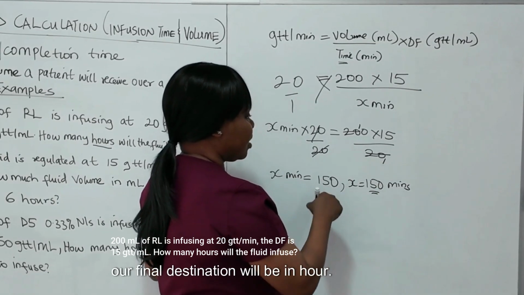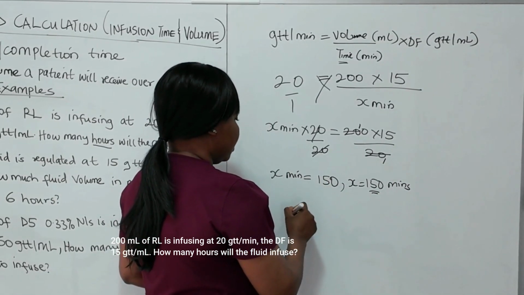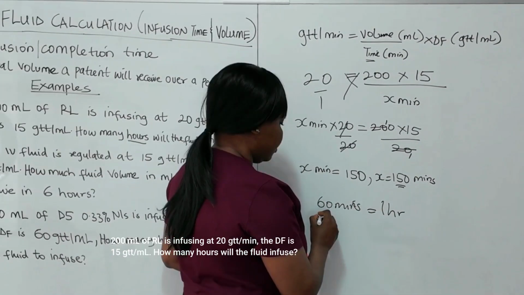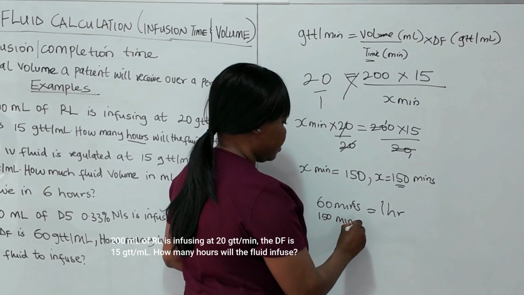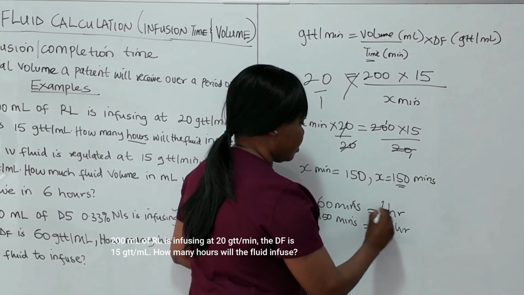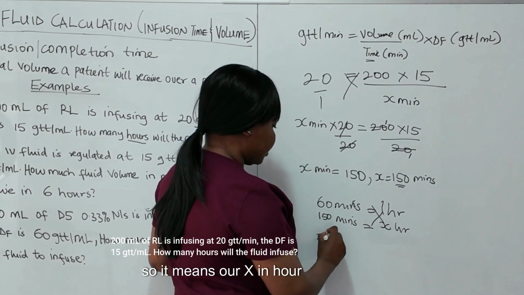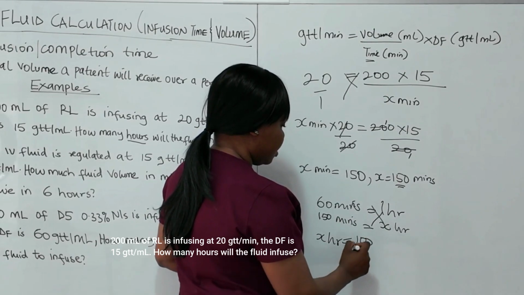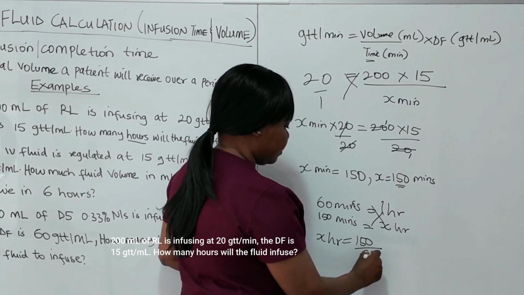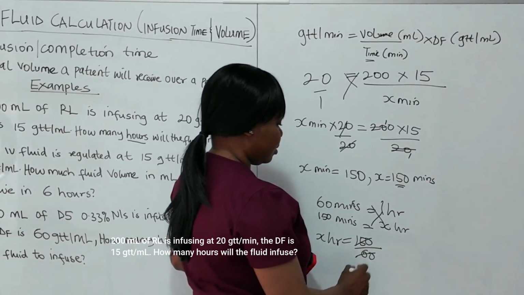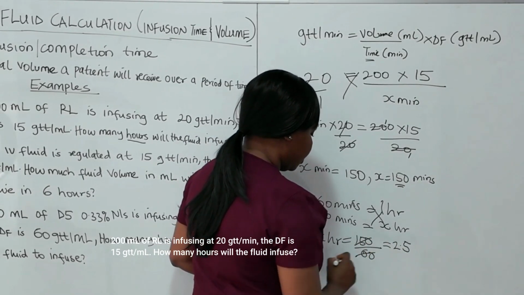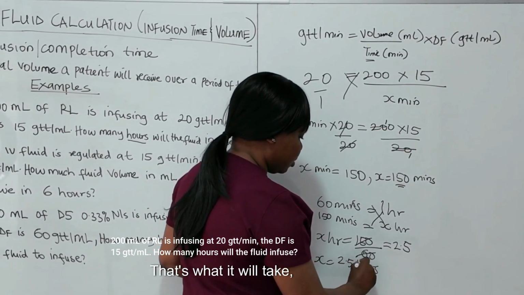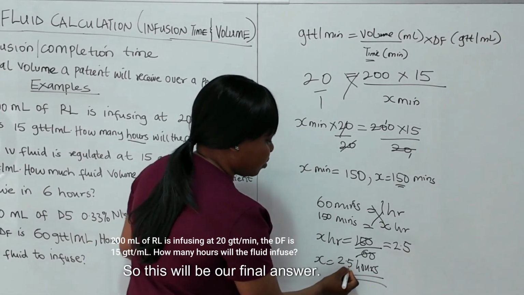Our final answer will be in hours, and we know that 60 minutes equals 1 hour. So x in hours is 150 minutes times 1, divided by 60, which gives 2.5. So x will be 2.5 hours. That's the time it will take to infuse, and this is our final answer.